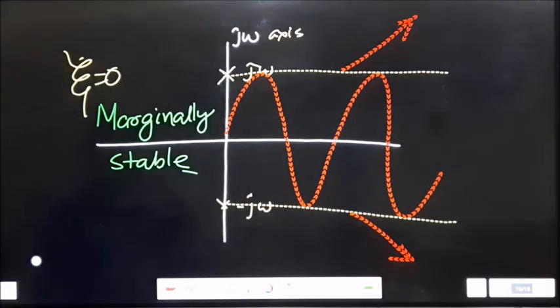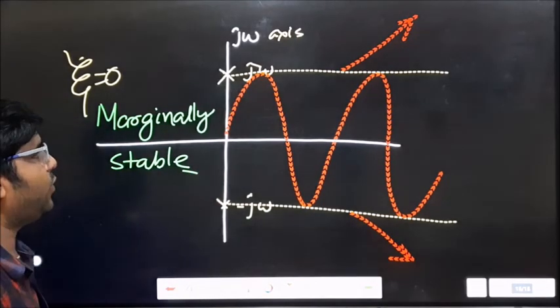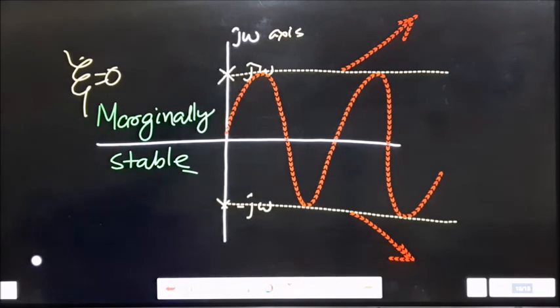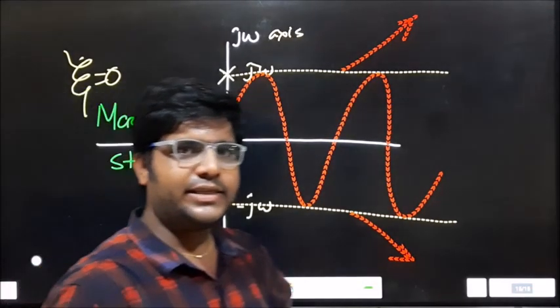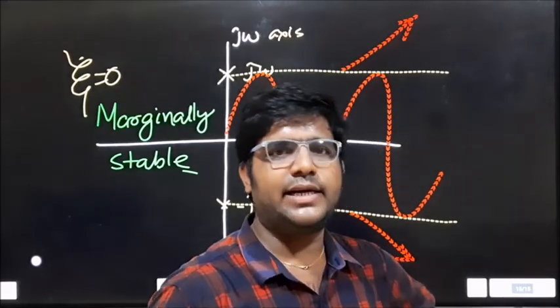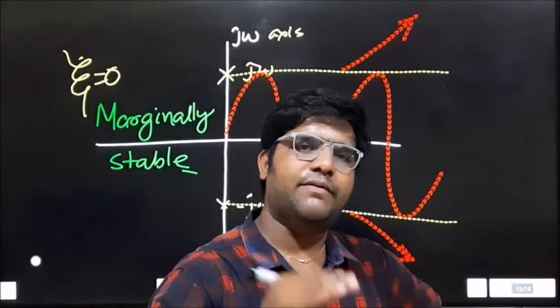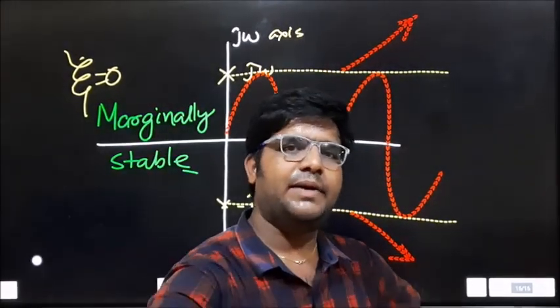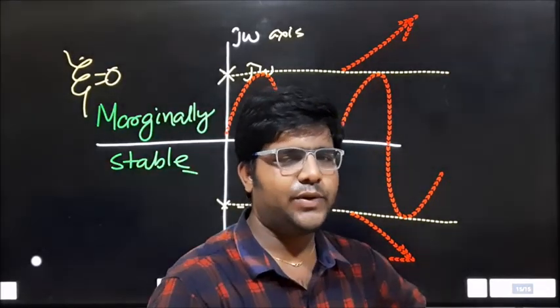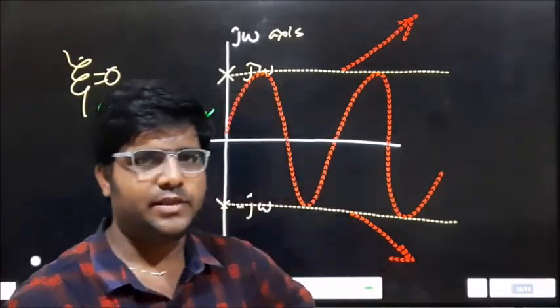Clear? So when your zeta becomes 0, the system response would look somewhat like this, and the system is marginally stable. This is not exactly stable and not exactly unstable, but it oscillates in between two margins. That is why it's called a marginally stable system.